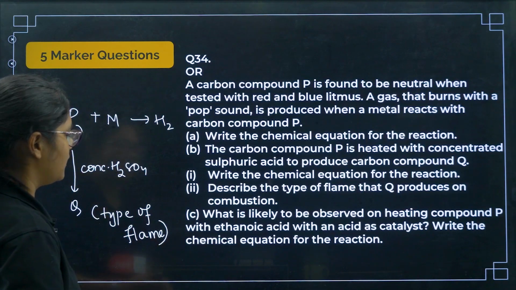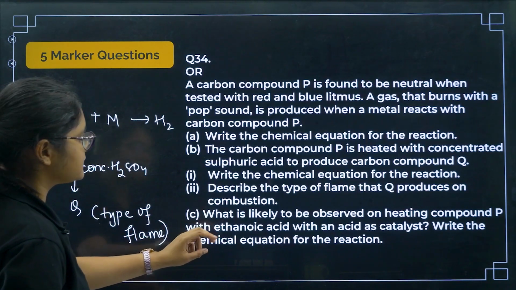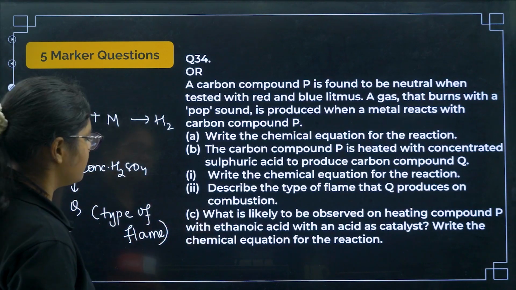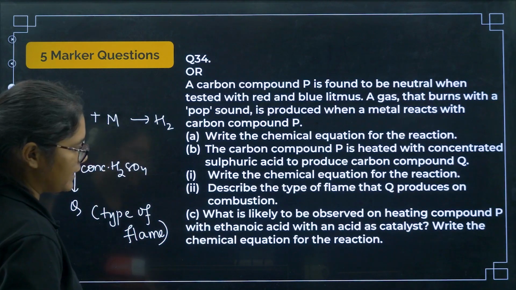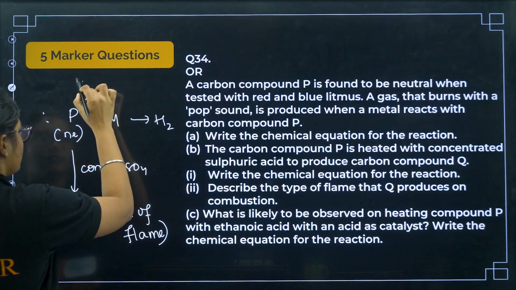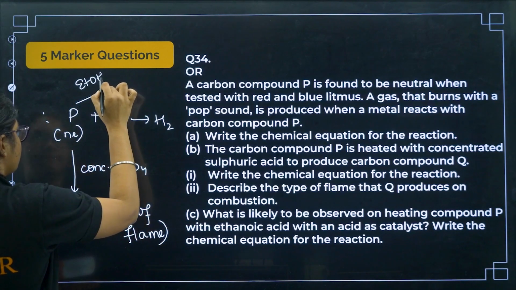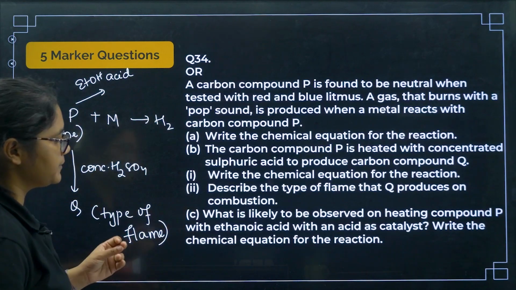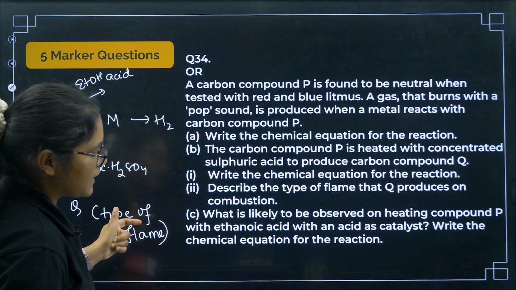Next we have: what is likely to be observed on heating the compound P with ethanoic acid with an acid as a catalyst? If you are reacting this with ethanoic acid, I think I will be able to decode this question. With an acid as catalyst.